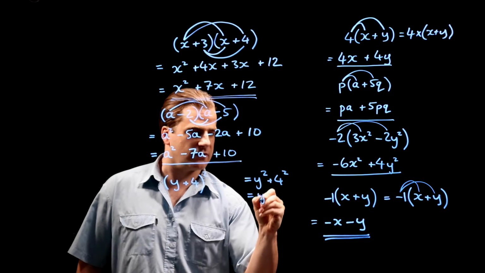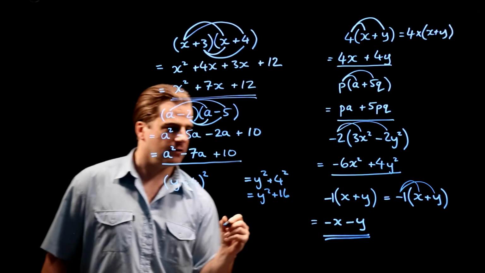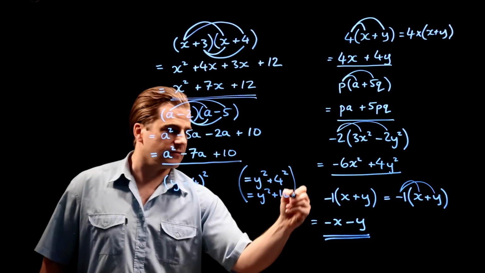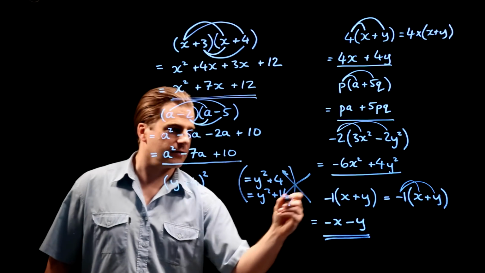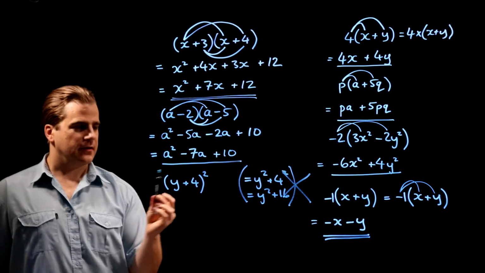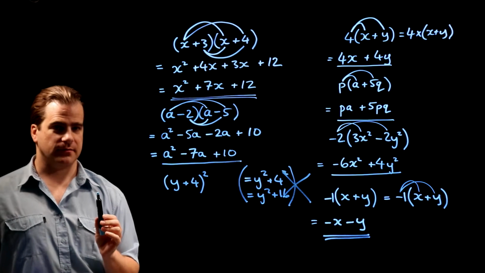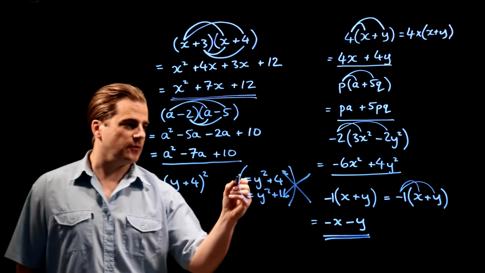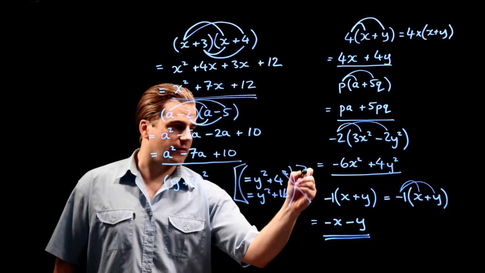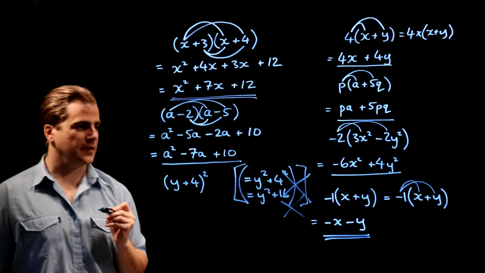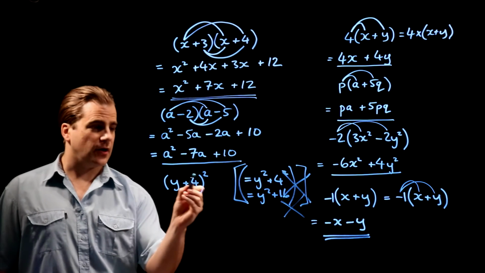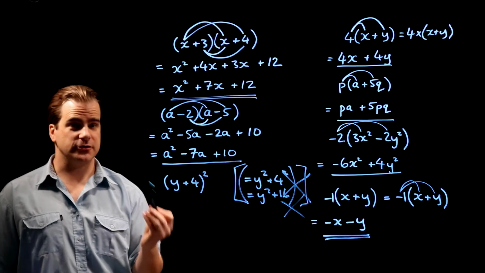Okay, so that's y squared plus 16. Okay, that is wrong. You can't just apply the squared to each individual term in the brackets. So do not fall into that trap. Right? You have to write it out. There's no shortcuts.